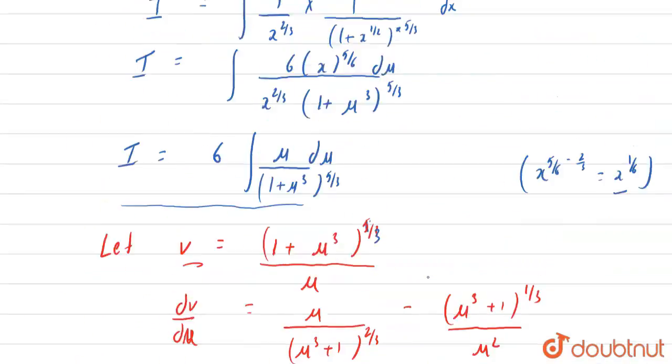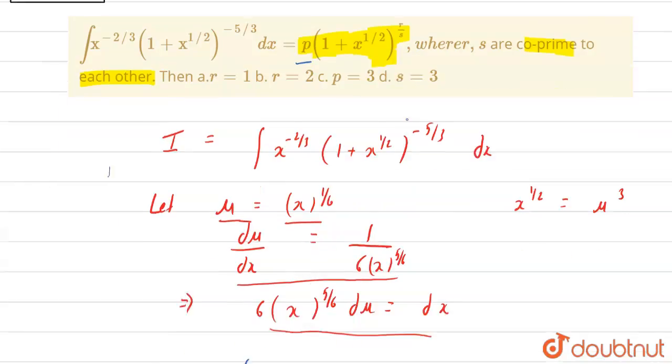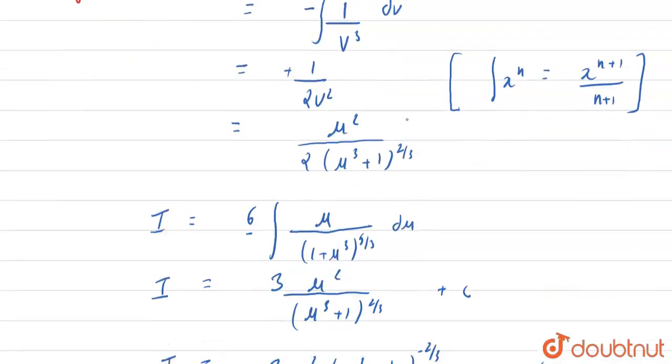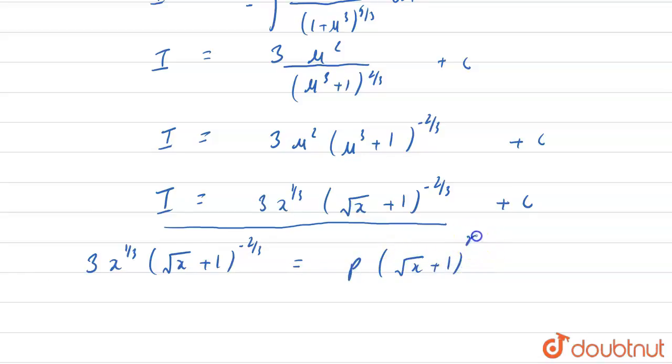If we compare this with our equation, which is p times (1 plus s power 1 by 2) power r by s, so if we compare that, we write 3 s power 1 by 3 times (root s plus 1) power minus 2 by 3 is equal to p times (root s plus 1) power r by s.